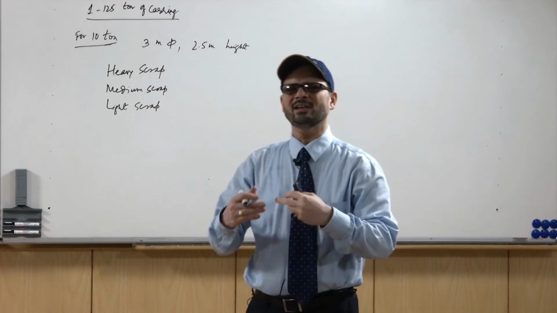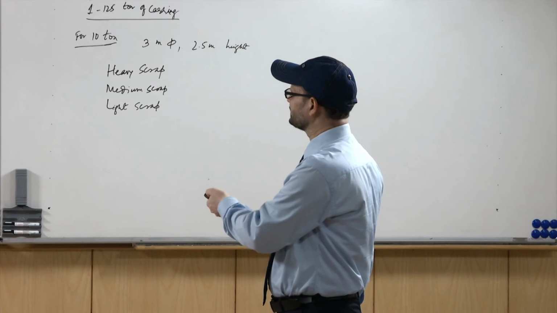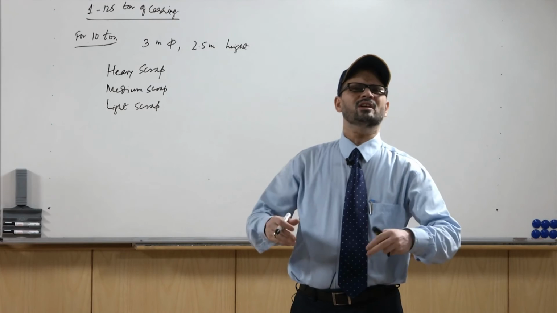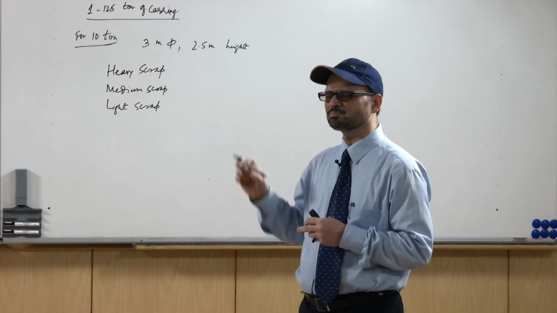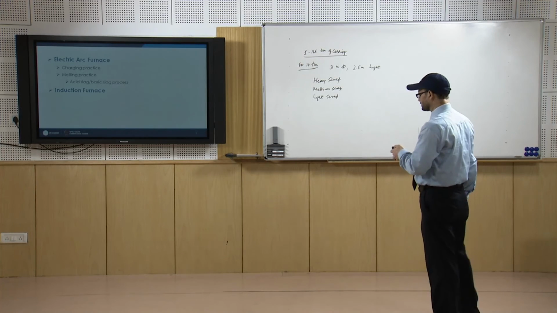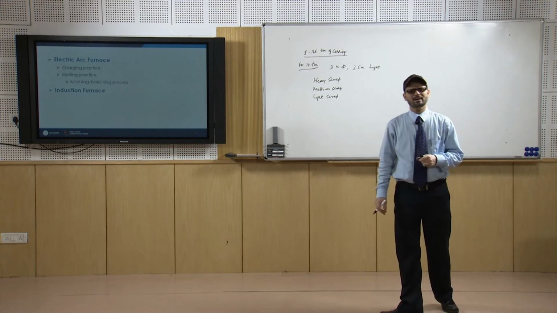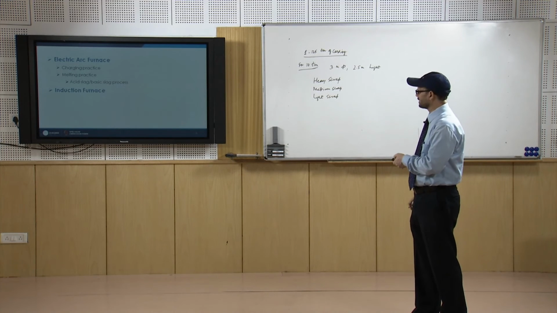Normally the cupolas are replaced with these kinds of furnaces in most of the foundries. There are many advantages of these induction furnaces, however, the disadvantage is the cost factor and also that you cannot do the refining in this furnace.